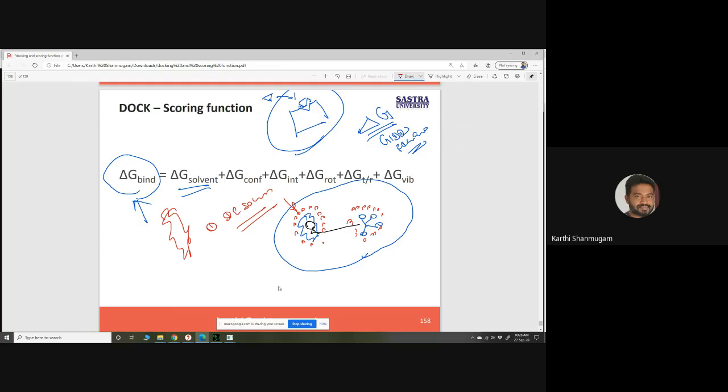The system, the protein, ligand and the cell as a whole, has to spend some amount of energy to remove those water molecules from those sites, and the energy associated with that process is called delta G solvent. Is it understandable?